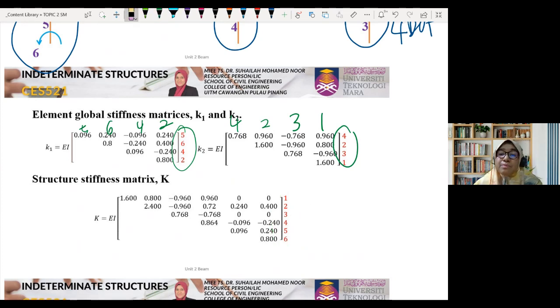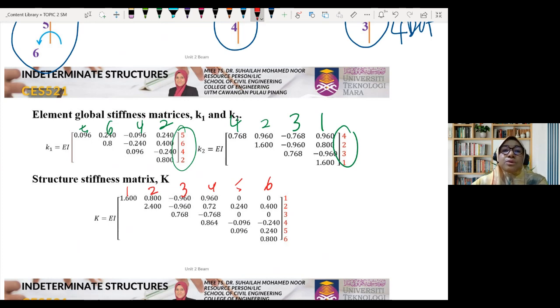But remember, the structure stiffness matrix must be written in order, from 1 to 6. The labels inside the member stiffness matrices are the positions in the structure stiffness matrix. So this is number 1, number 2, number 3, number 4, number 5, number 6.